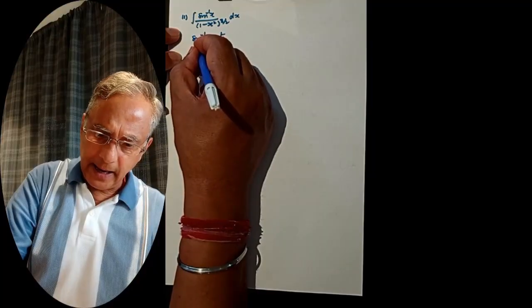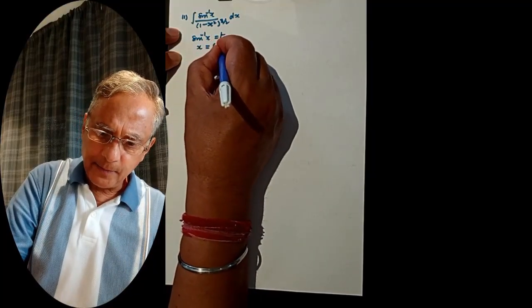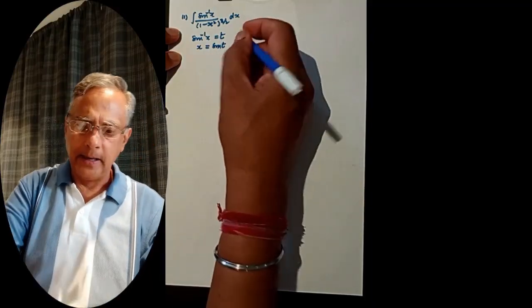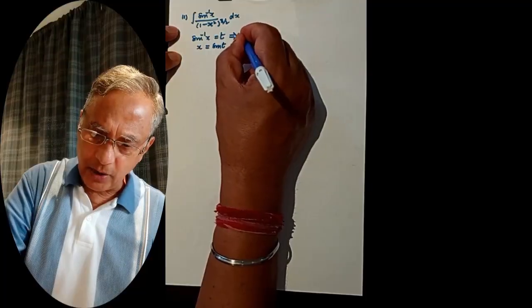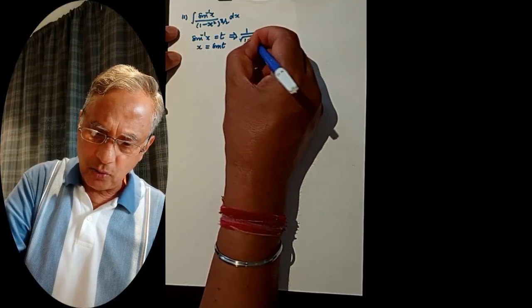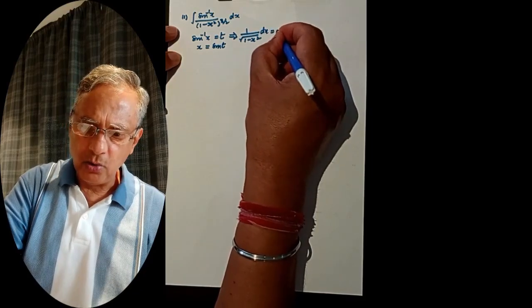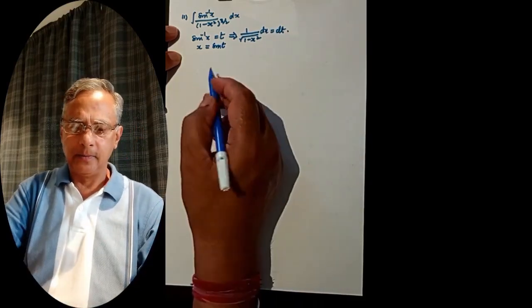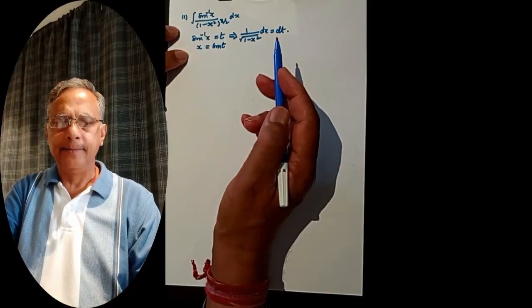So this will be x is equal to sine t, and this implies, differentiate this, 1 over under the root 1 minus x square dx is equal to dt, and this also implies x is sine t.